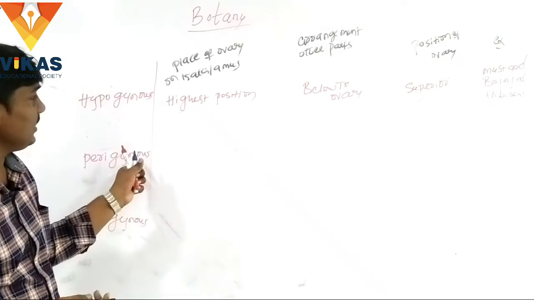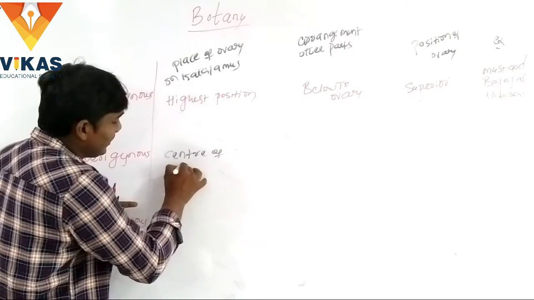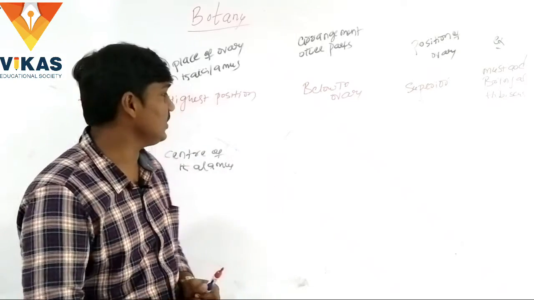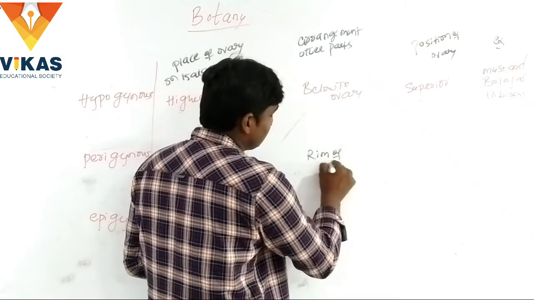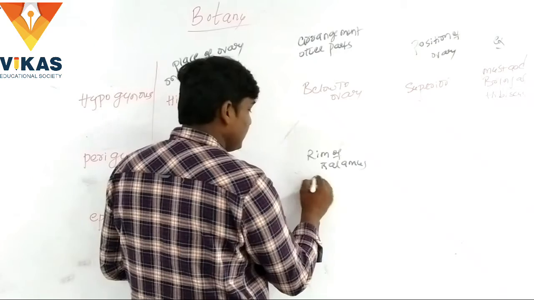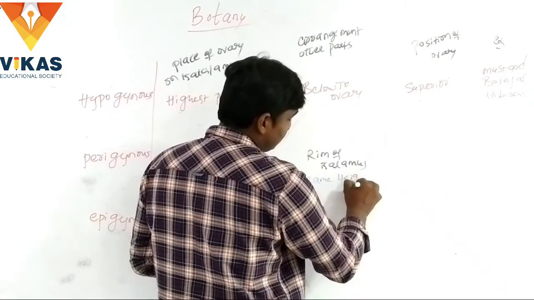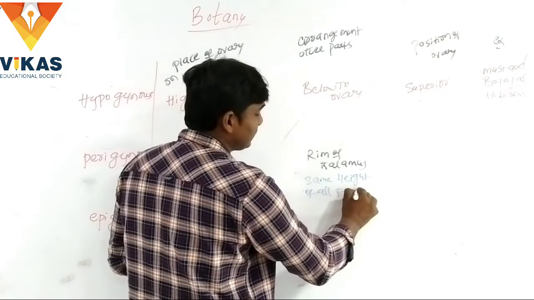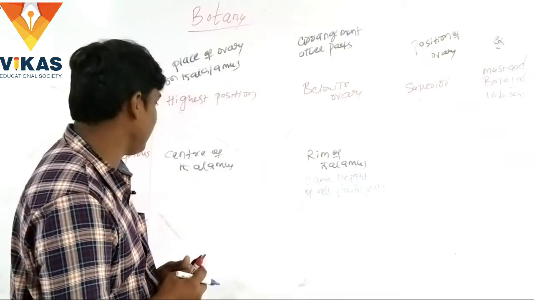And here perigynous: the ovary is located at the center of the thalamus, whereas the other parts are on the rim of the thalamus, and all floral parts are the same height.